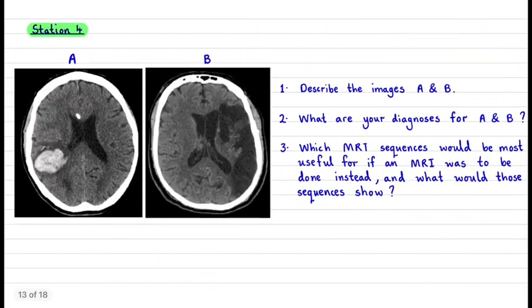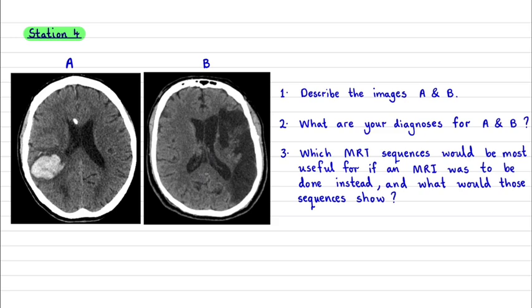This is a very good example, because this was an old stroke and it had this negative mass effect, as you can see here. The lesion is on this side, but the compression appears as though it's on this side, when it's actually due to a dilatation of this ventricle.